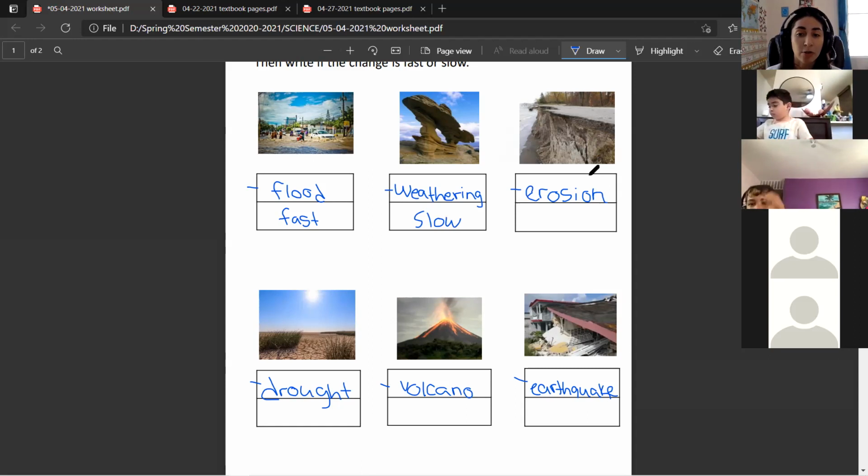But what about erosion? Is that a fast change or a slow change? Slow. It's a slow change. This doesn't happen overnight. It's going to take time.